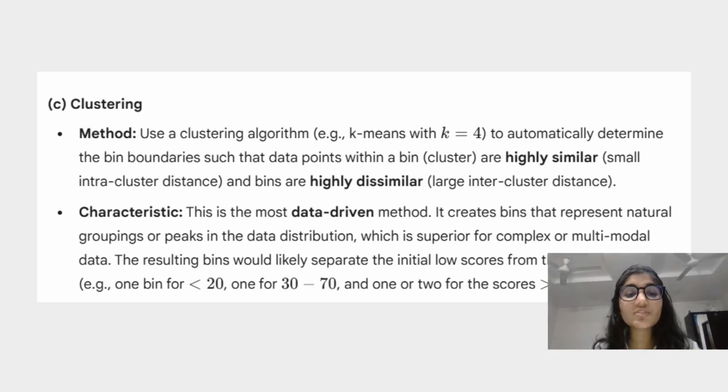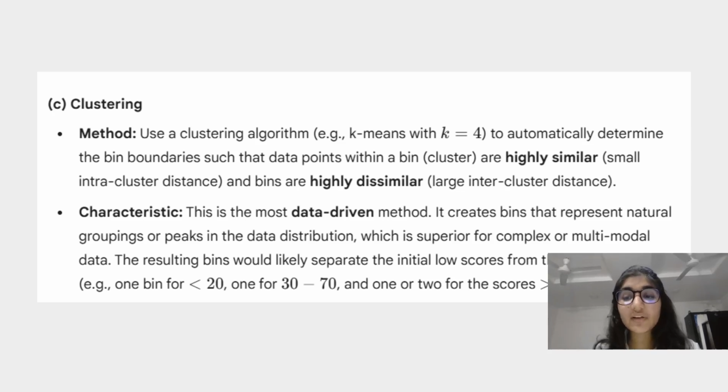In this we use a clustering algorithm, that is k-means with k equal to 4, to automatically determine the bin boundaries such that data points within a bin are highly similar and bins are highly dissimilar. This is the most data-driven method.